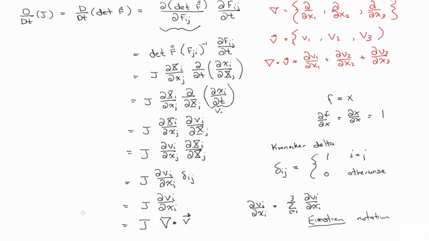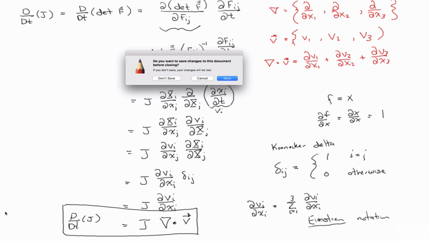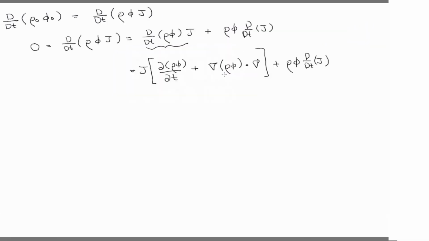So again, now we know what dJ/dt is. We can go back to our conservation of mass equation and make that substitution.